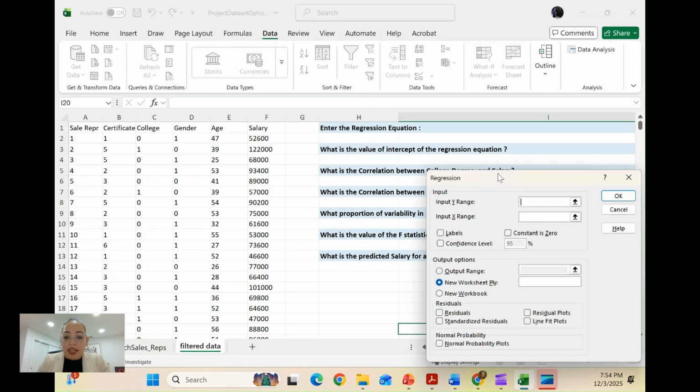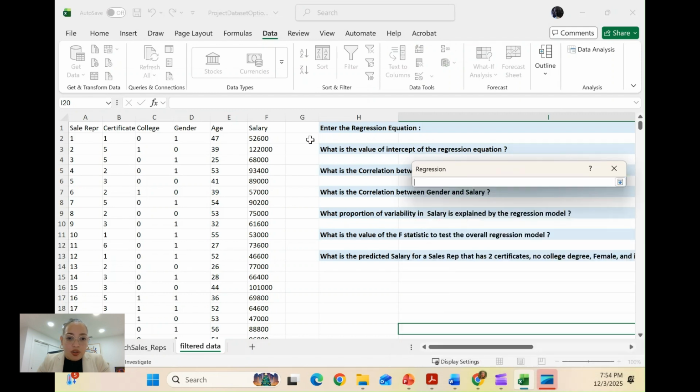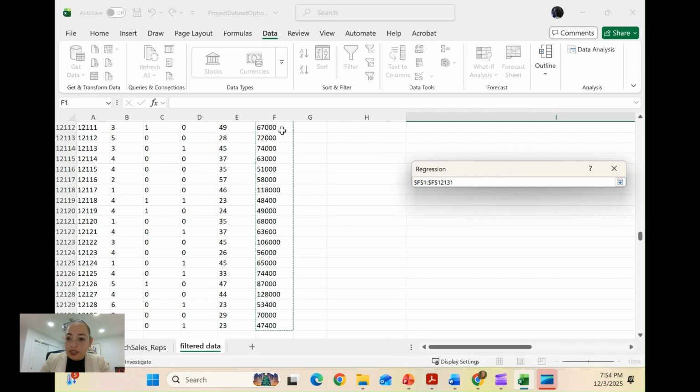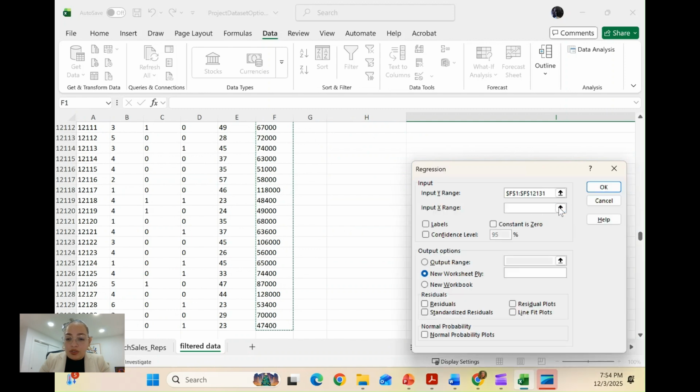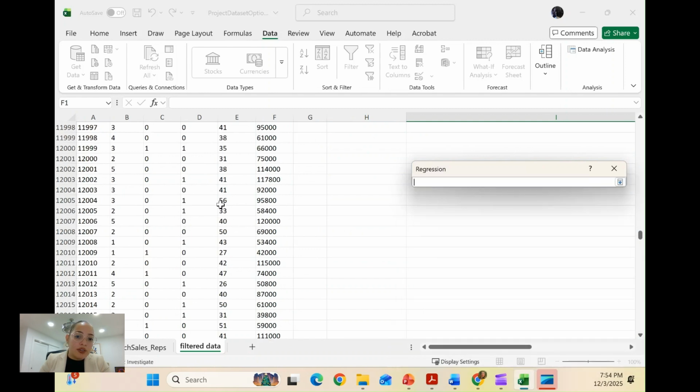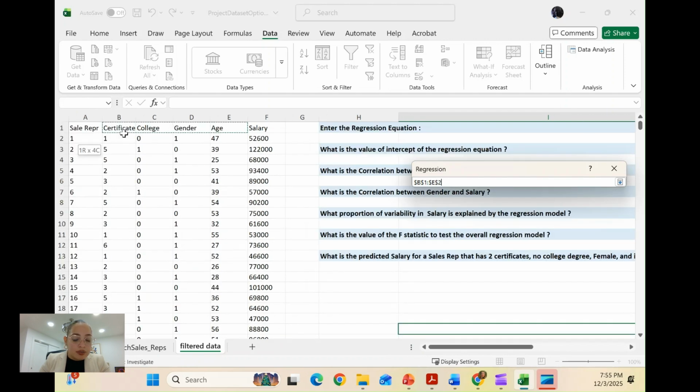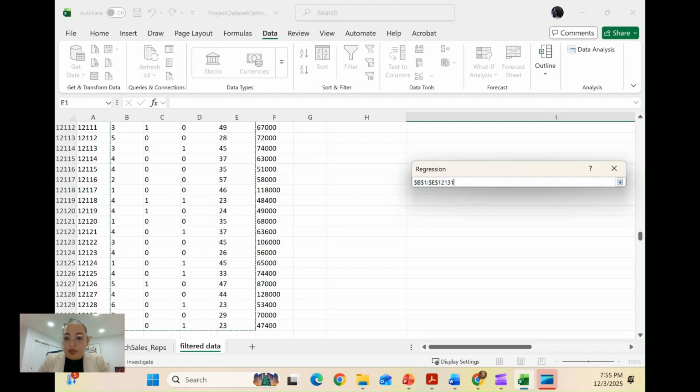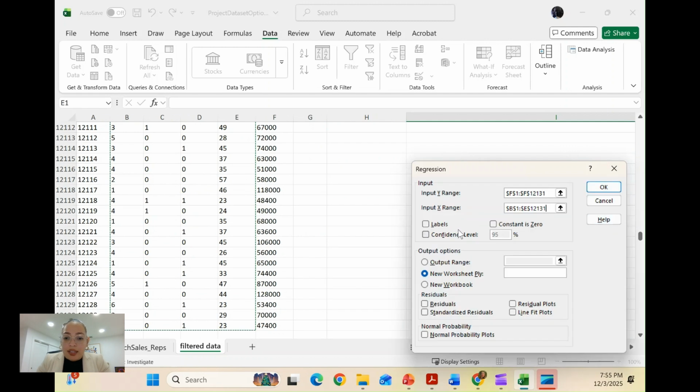So it asks us for our y. So our y is salary, what we want to predict, and then our x. All our x need to be together, and you need to select all your x. And then it's really important to select label, because this way Excel will identify that the first row I selected, which is non-numerical value, is my label.